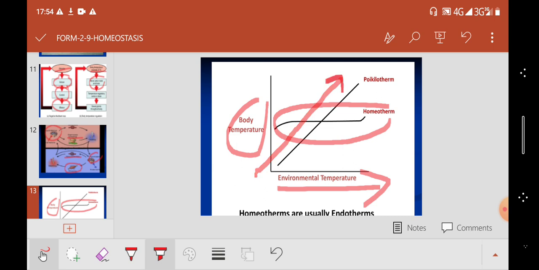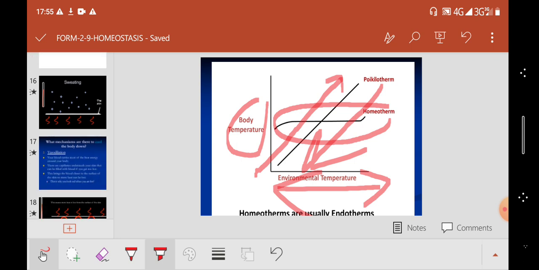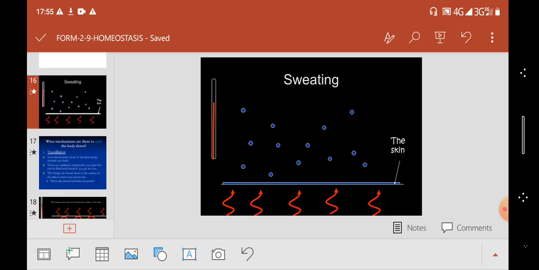And if the environmental temperature decreases, their internal temperature will also decrease consequently. Now, what we find is that poikilotherms change their internal temperatures using different mechanisms than those of warm-blooded. And for the warm-blooded, temperature regulation takes place through various ways, and one of them is sweating.